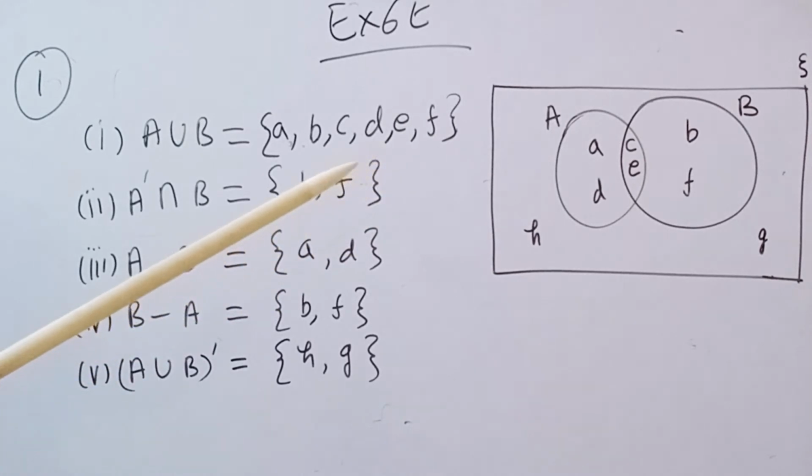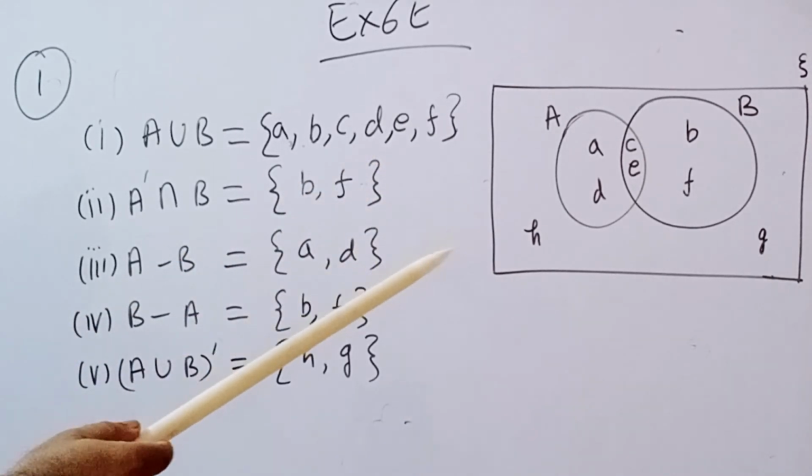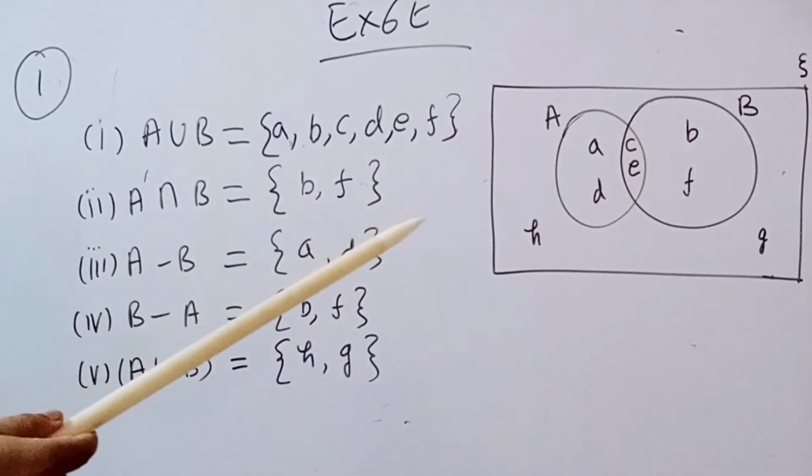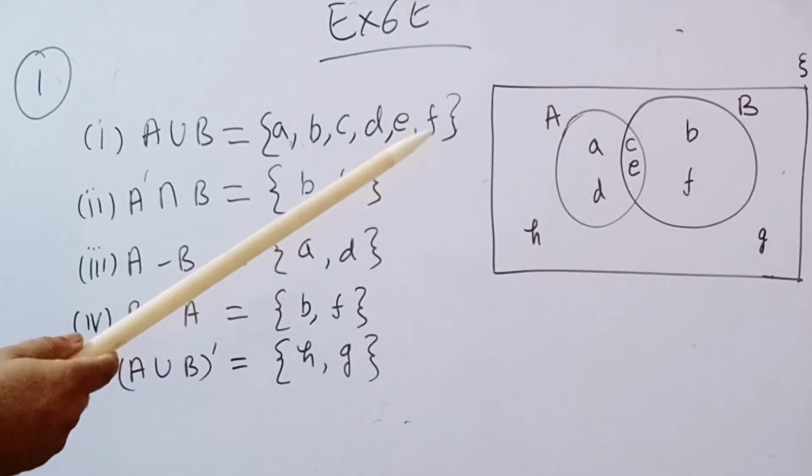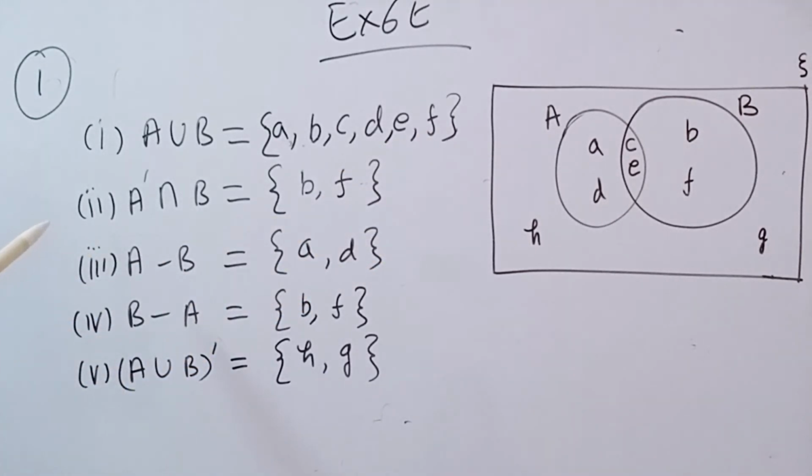So what are the common elements of complement of A and the set B? That is B, F. So complement of A intersection B equals {B, F}.